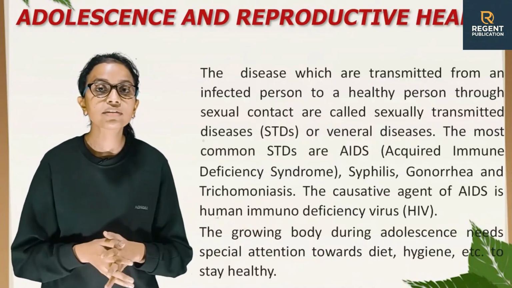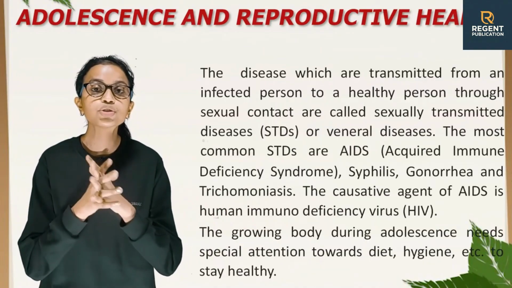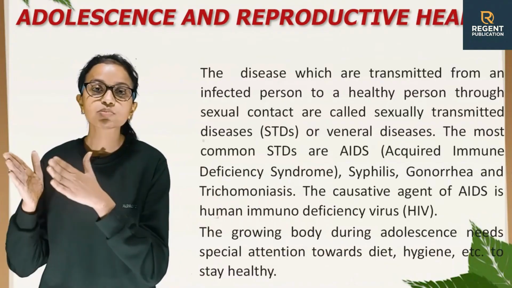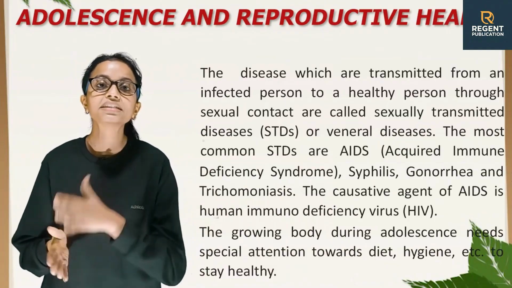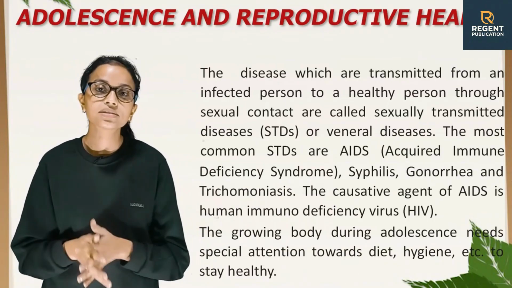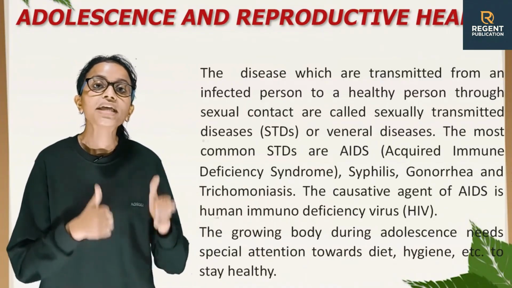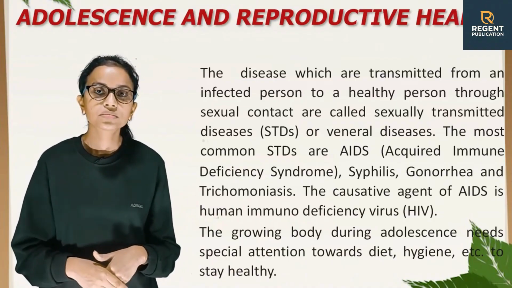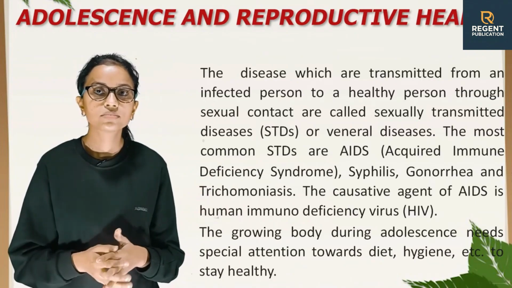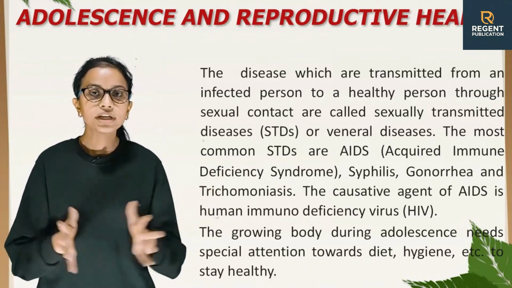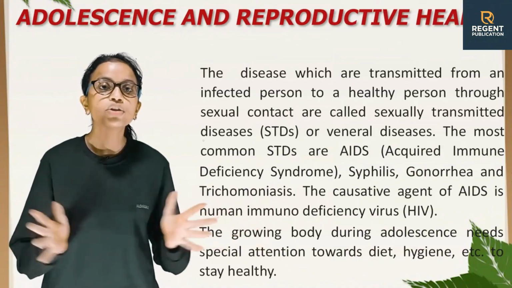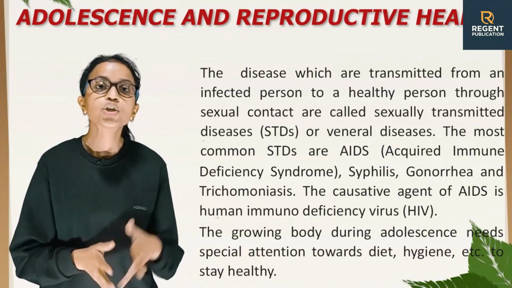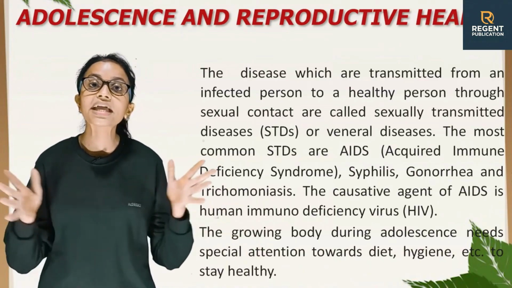The diseases which are transmitted from an infected person to a healthy person through sexual contact are called sexually transmitted diseases, that is STDs or venereal diseases. The most common STDs are AIDS, acquired immune deficiency syndrome, syphilis, gonorrhea, and trichomoniasis. The causative agent of AIDS is human immunodeficiency virus, that is HIV.